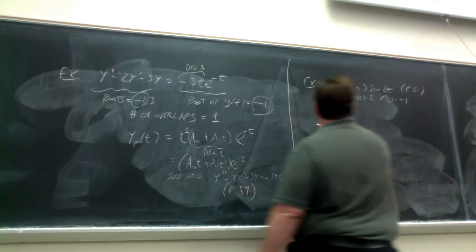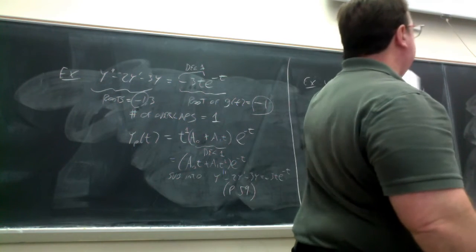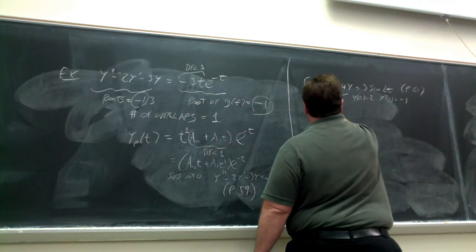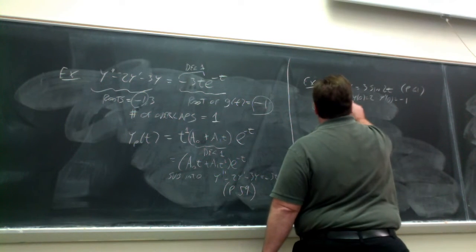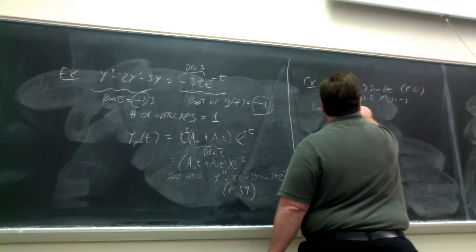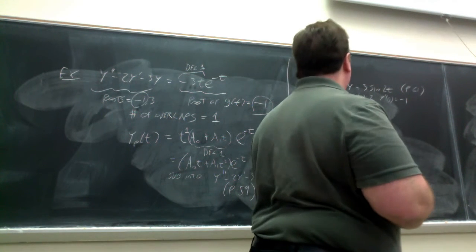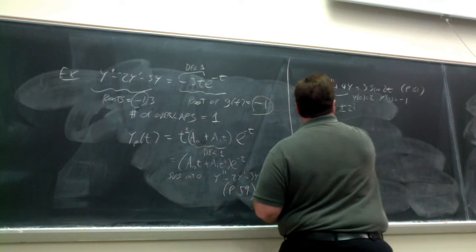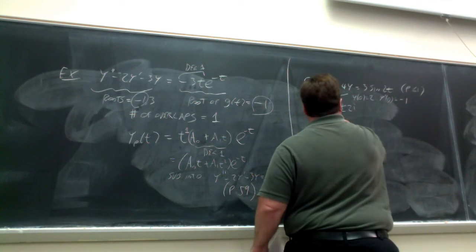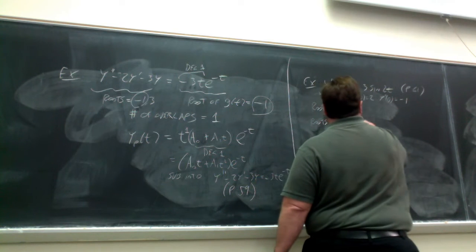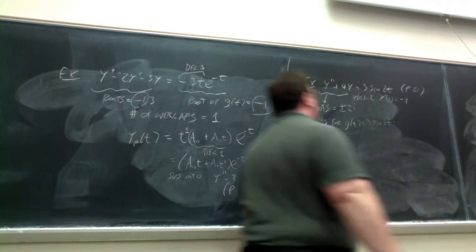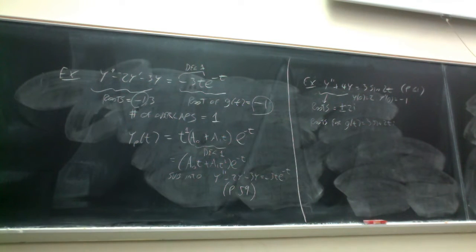Okay, so we go through the same process. The left side is something that we've seen already. The roots are equal to plus or minus 2i. Now, g of t is 3 sine 2t. So what kind of roots would lead to a solution like that?